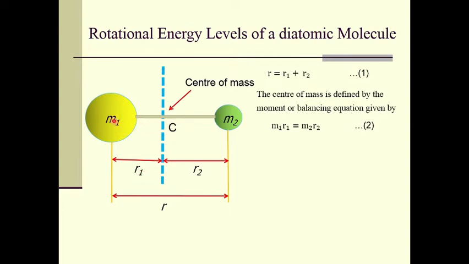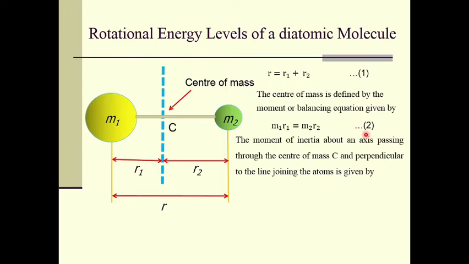So, m1 r1 is equal to m2 r2. At the center of mass C, the two moments balance each other, and the balancing equation is given here. Let us call it equation number 2.